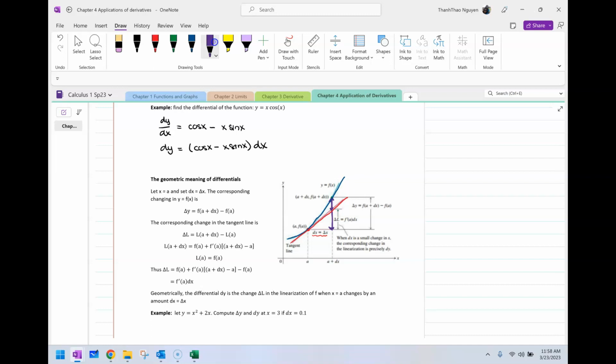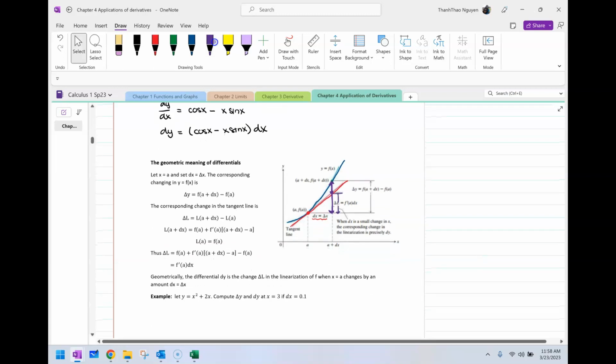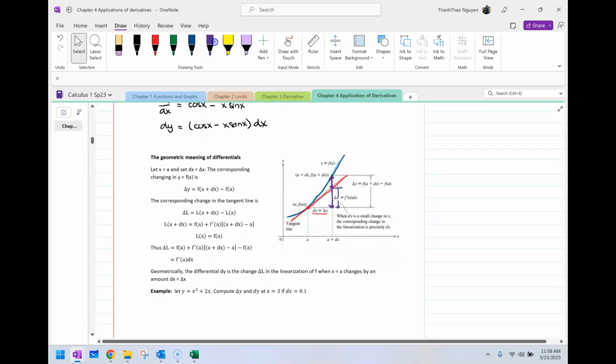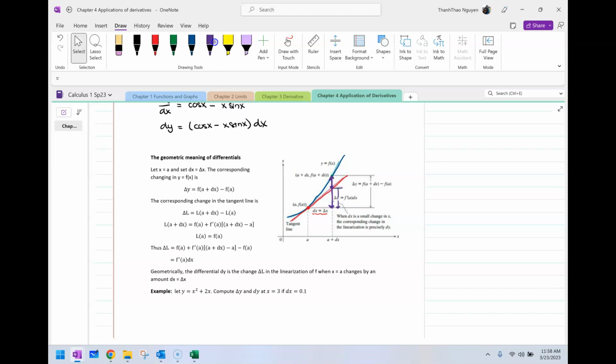So this here, the smaller distance, is your delta L. Here you can see that if you take a look at L of a plus dx, then we have f of a plus f prime of a times a plus dx minus a.